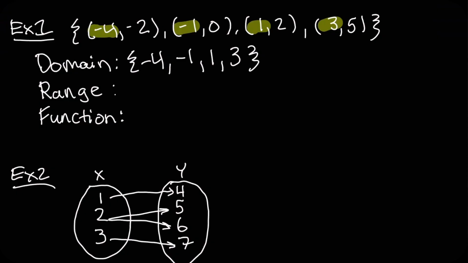Well, our y values, -2, 0, 2, and 5. Writing these out, -2, 0, 2, and 5. And now we'll have to recall a little bit about our functions. So notice how we don't have any x values mapping to two y values in this case. So we can go ahead and say that this is a function.